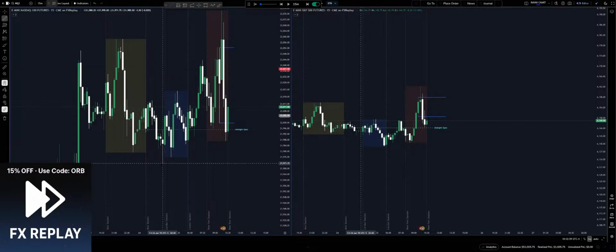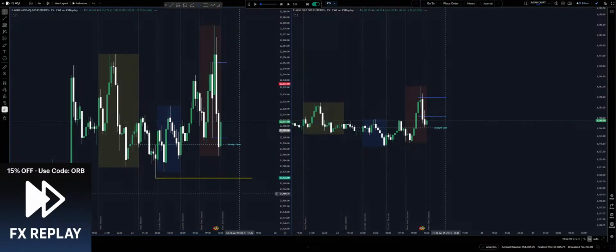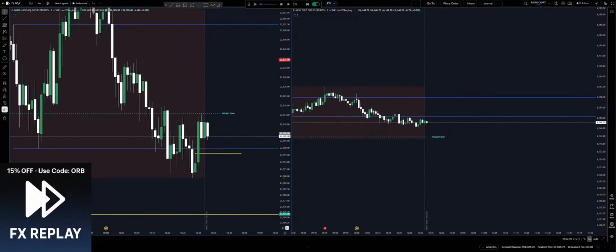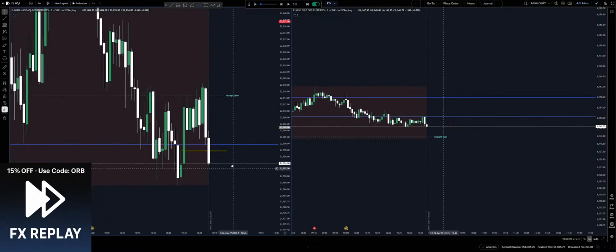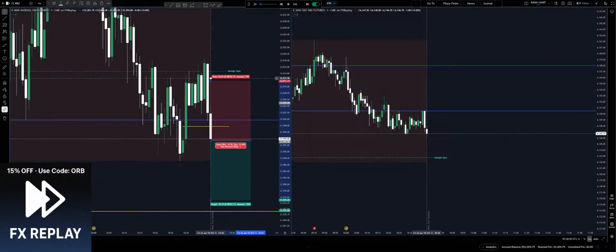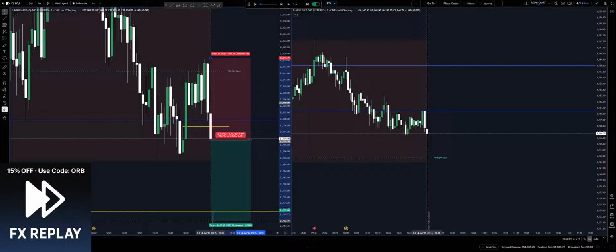This is London low. So if the price inverts this candle, I'm gonna go short. All right, that's my short. ES is below the range, NQ is below the range. Stop order here. Stop at the recent swing high, 1-to-1.